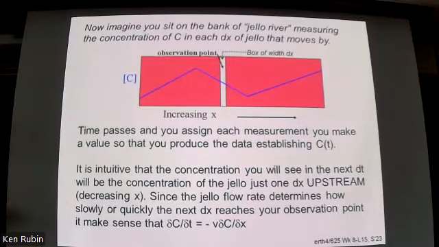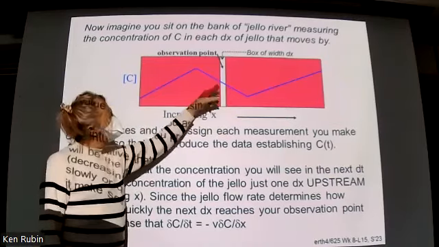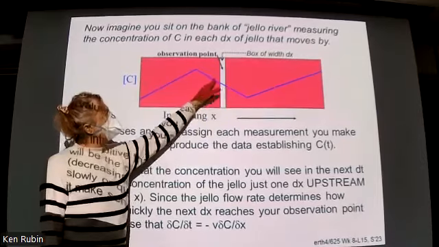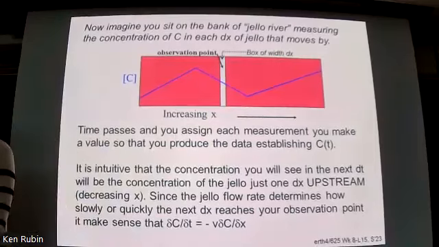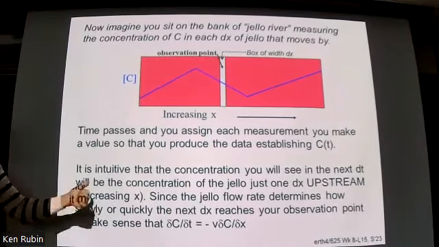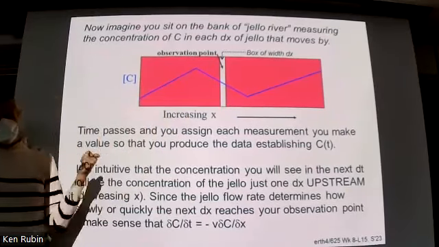And if you're standing on the side of this river at a certain point in time where the water's sweeping by you, and we're in one of these places where, from your perspective sitting here, concentration is going up because this parcel of water is going to move by you, then the reason it's going up is because it's increasing in the negative X direction, right? It's increasing as we go back upstream.